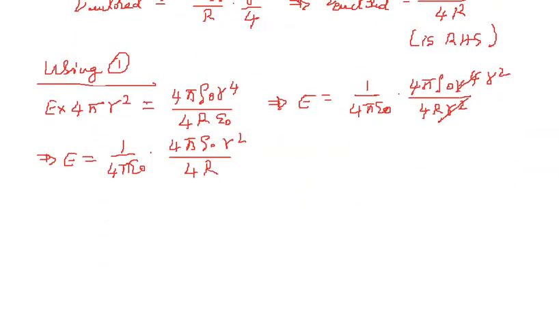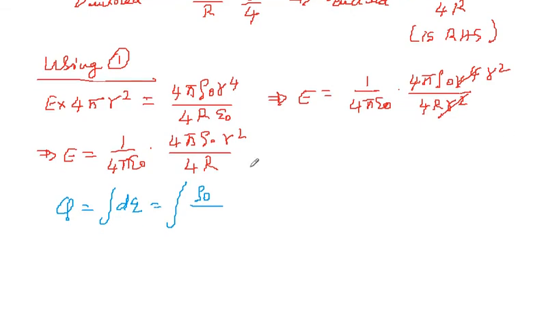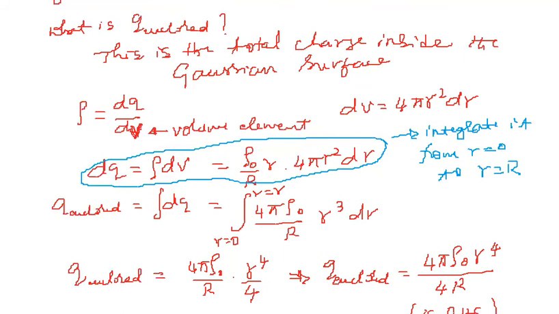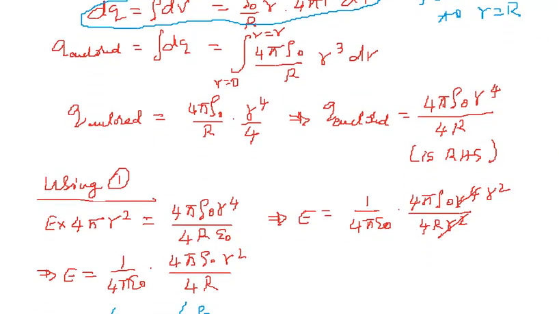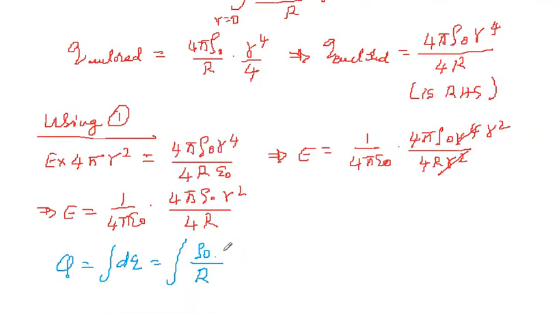It should be capital letter Q. Capital Q is equals integration of dq, which is equals integration of rho O divided by r into r, with 4 pi written here, r cube into dr. It should be integrated from r is equals 0 to r is equals capital R.